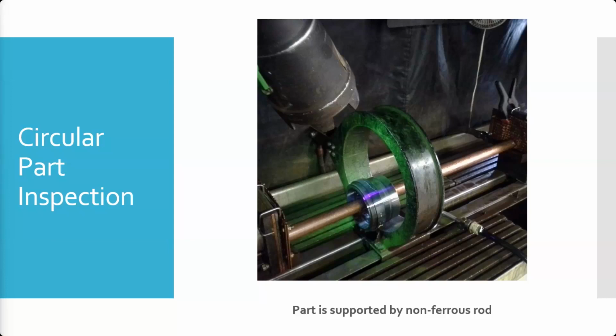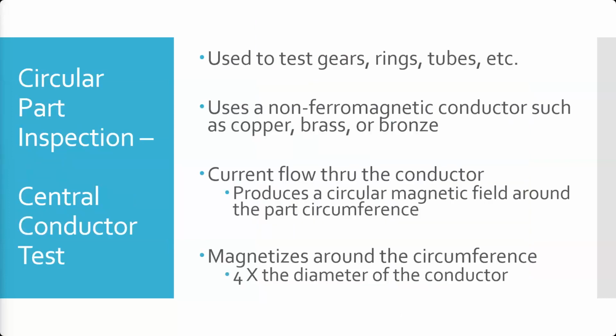So we can check both directions on a part like this that we wouldn't be able to effectively clamp between the headstock and the tailstock in order to run a longitudinal current through it. So we use that rod to do that circular field because of a longitudinal current. It's often used to do things like gears, rings, tubes, etc.